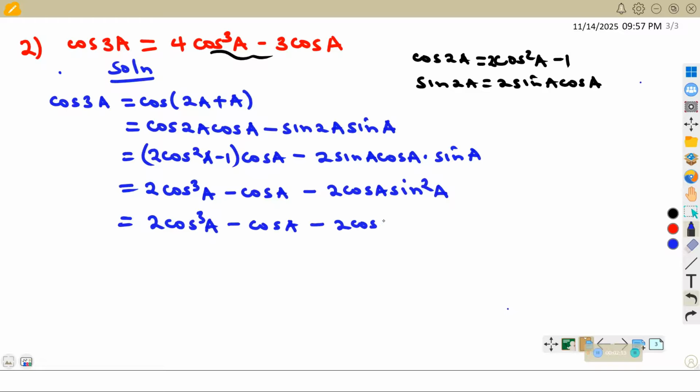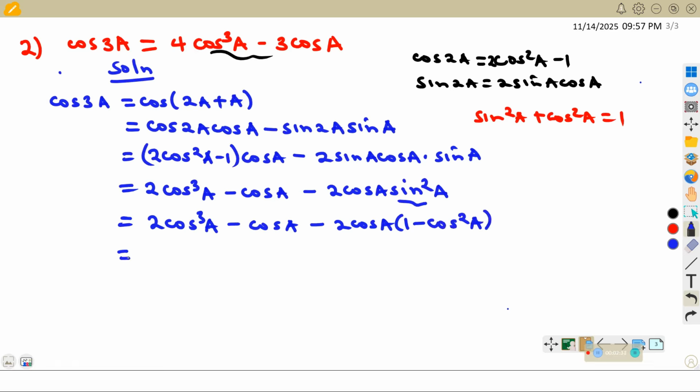We shall apply what we call the Pythagorean identity, and we know that if you have sine squared plus cos squared, you get 1. So making sine squared the subject, we get 1 minus cos squared a.